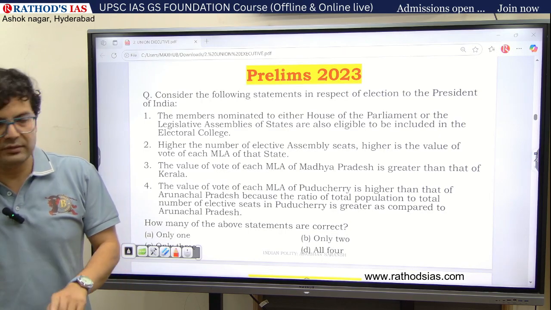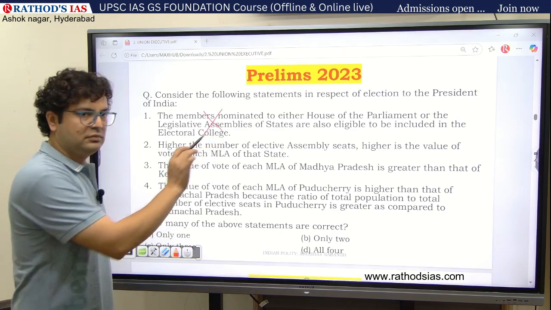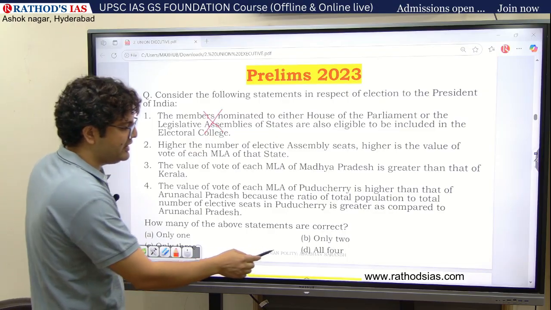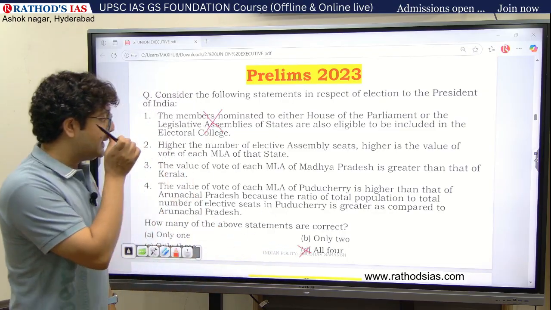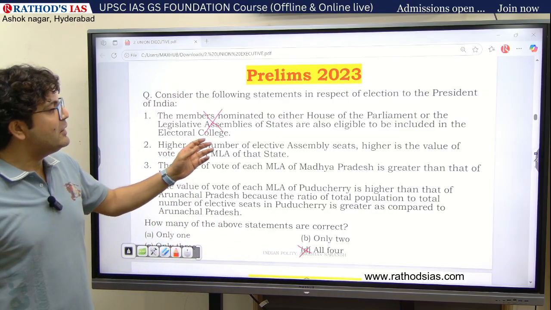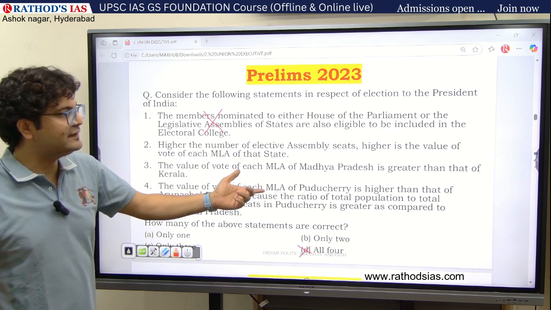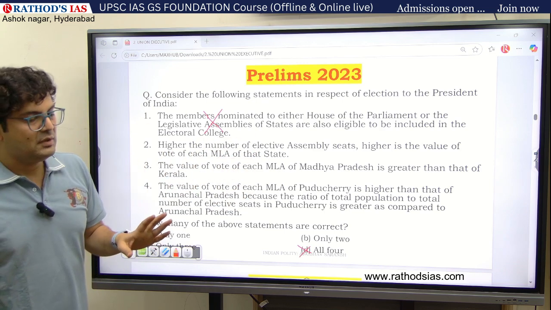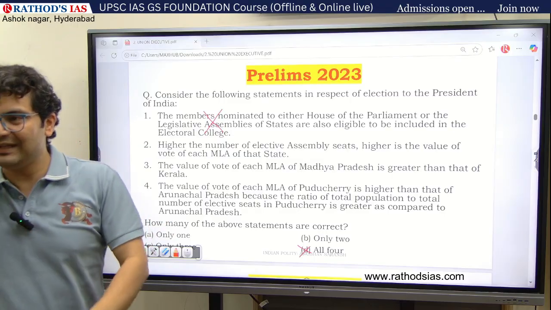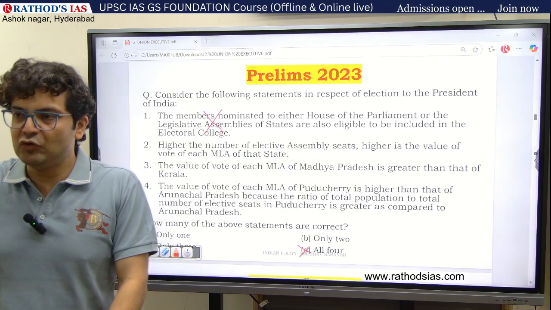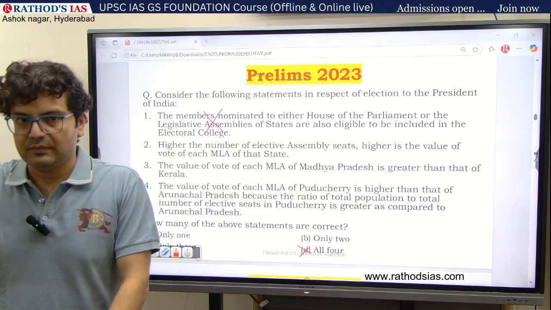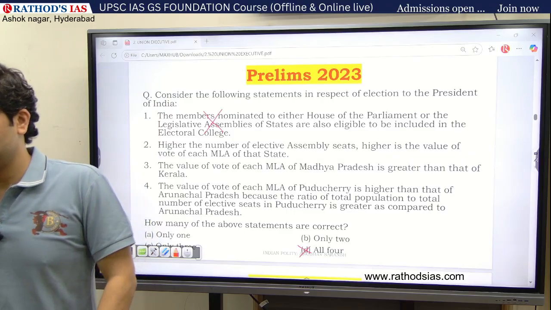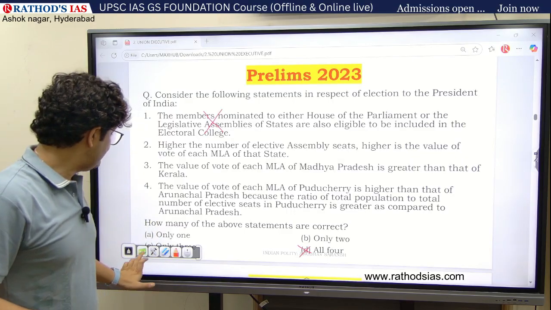Are you clear on this point? So is one wrong? Yes, very good. So all four cannot be the answer. Okay. Higher the number of elective assembly seats, higher is the value of vote of each MLA. If the assembly seats increases, the vote value increases. Just check the formula for once. What does the formula say?